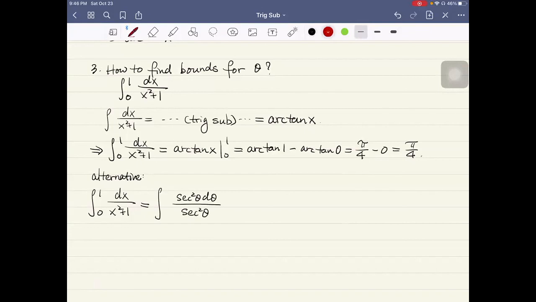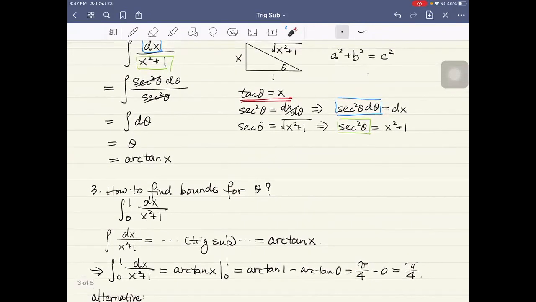But here, you have to fill the bounds for theta, because on the left of the equation, it's a definite integral. It has the bounds for x. So basically, we're asking the question, which theta corresponds to x equal to 0, and which theta corresponds to x equal to 1? How do we know that? We can look at this equation here.